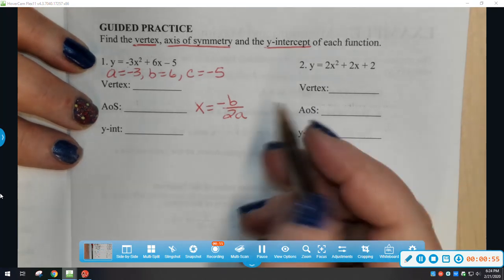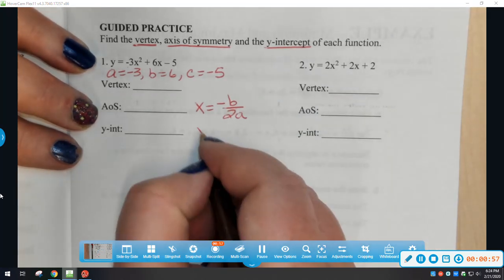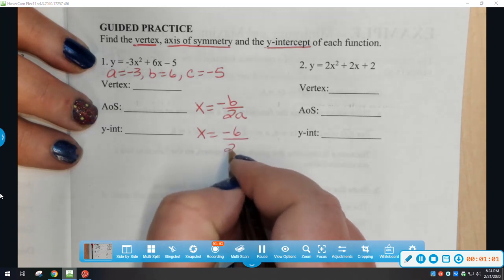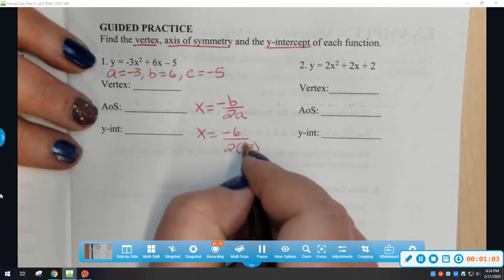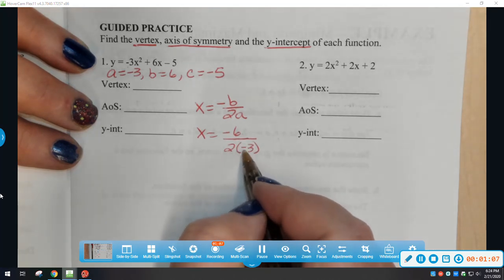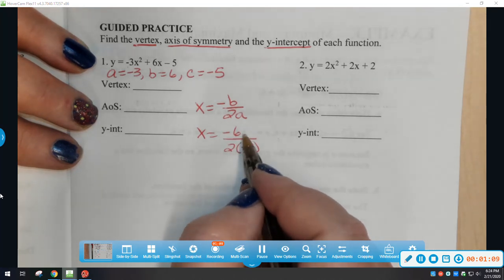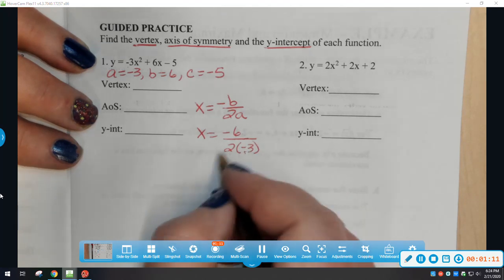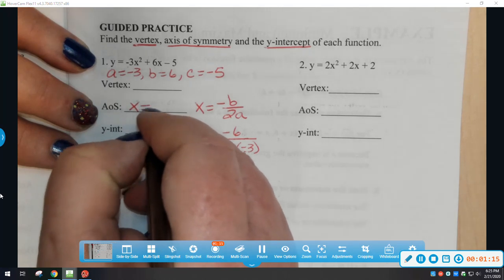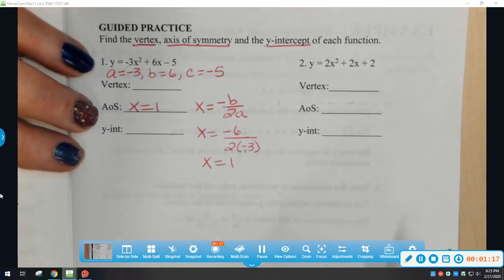Just substitute these values in. So x equals negative b over 2a, negative 6 divided by 2 times negative 3, which is negative 6. Negative 6 divided by negative 6 is 1. So our axis of symmetry is 1.